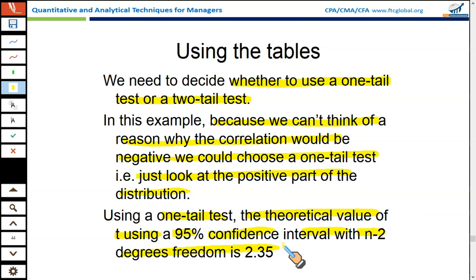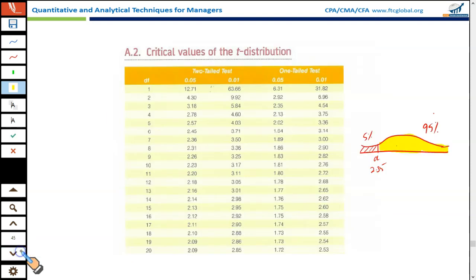It means that if your calculated T value, which we just calculated, is greater than 2.35, you can be 95% confident that there is a positive correlation between your variables. And this result is statistically significant. It further shows that the likelihood of obtaining such a correlation by just chance is very low, that is less than 5%.